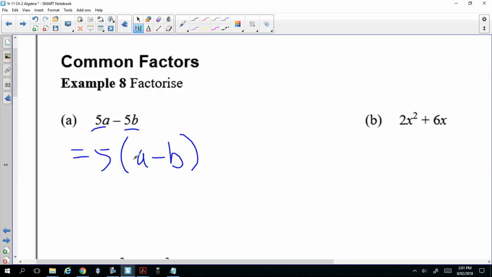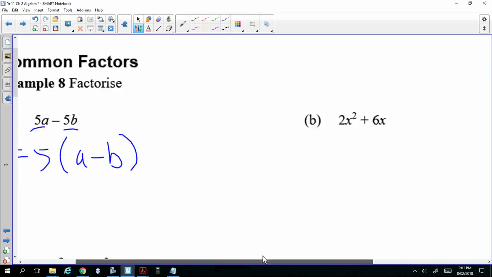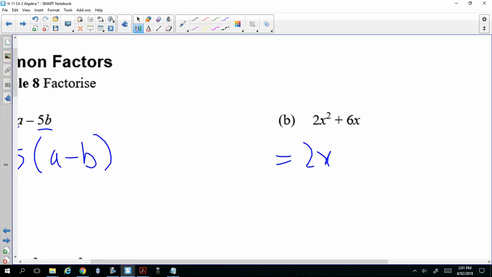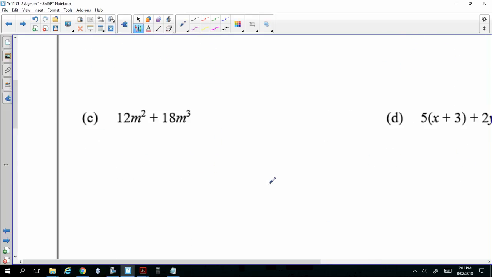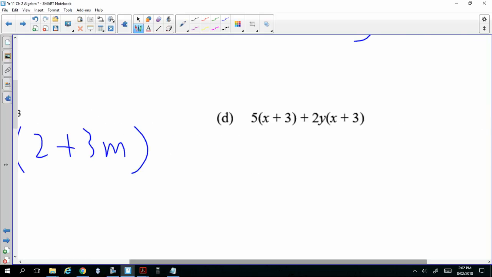This one you do this, 2x, x plus 3. Okay? Because 2x times x is 2x squared, 2x times 3 is 6x. Right, and then there are some slightly harder ones, so you get 6m squared out, 2 plus 3m. And finally, this one, there's a common factor, which is x plus 3, and then you've got 5 plus 2y. Okay, alright.